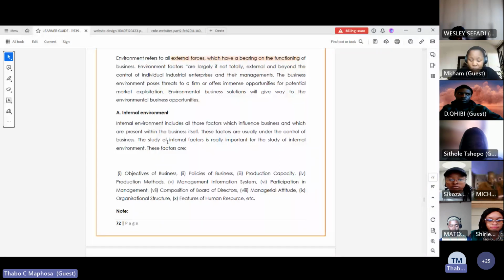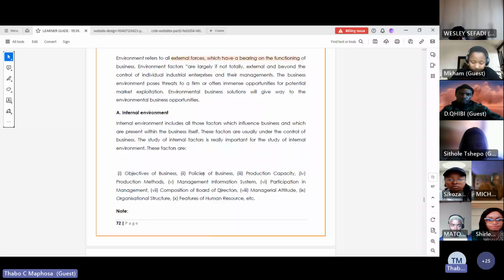These factors are usually under the control of the business, which means the business literally has control of most of them. They include the objectives of the business, the policies of that business, the production capacity, the production methods, the management information system, or what they call the MIS, participation in management, the composition of the board of directors, managerial attitude, organizational structure, and features of human resources.